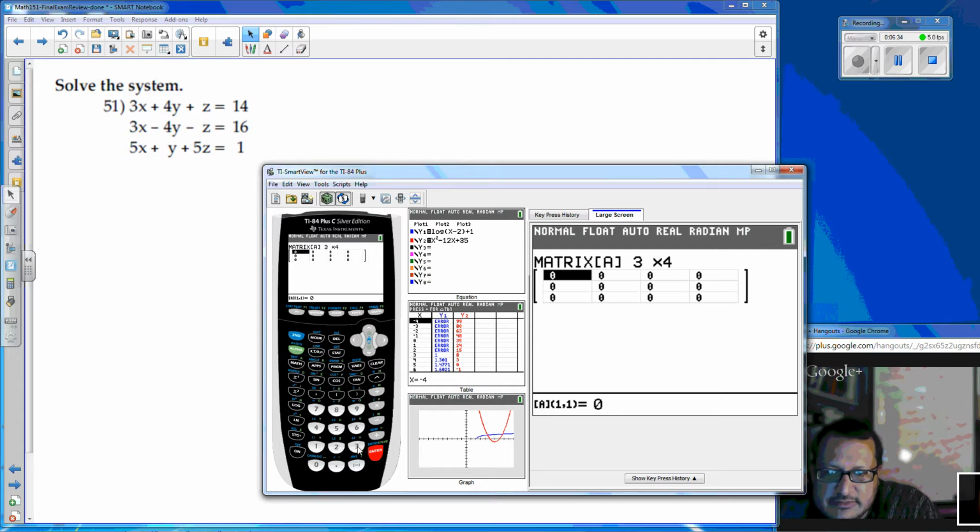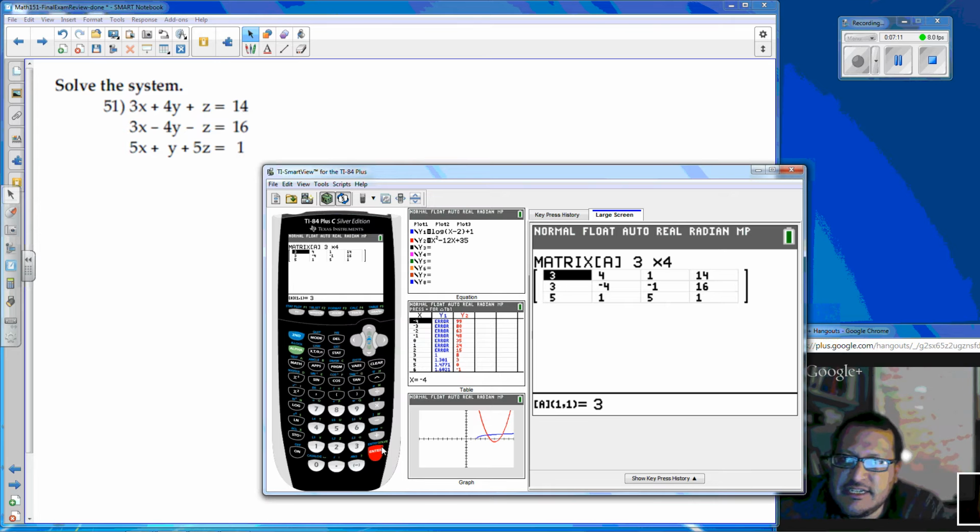And our matrix is going to be 3, 4, 1. I'm just putting these coefficients all the way across here. 14, 3, -4. It's important to put the negative sign, not the minus, but this one. -1, 16, oops, -1, 16, 5, 1, 5, 1.